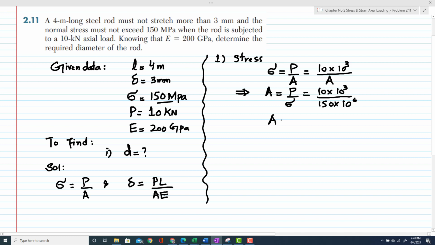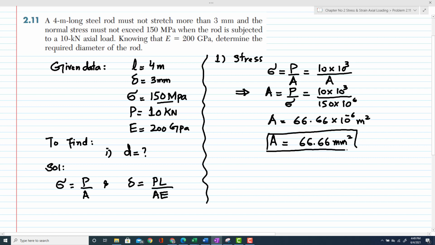So area comes out to be 66.66 into 10 raised to power minus 6 square meter, or if you reduce it, area is equal to 66.66 millimeter square. So the area that is calculated from the stress formula is this.